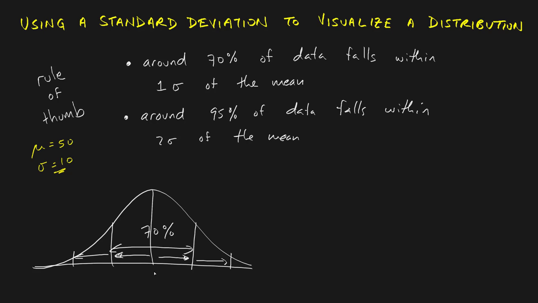Almost all of the data. There's really not much of anything left over after that. This is 95% of my data falling within 2 standard deviations.